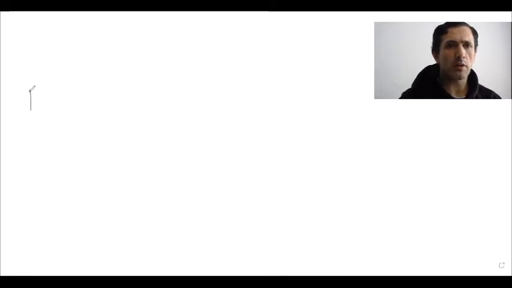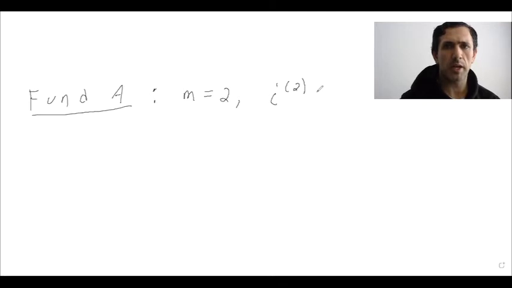So let's write down the information for Fund A. Here we're compounding interest twice a year, so m equals 2. We're given nominal semi-annual interest, I2, is 7.1%, so as a decimal, 0.071.